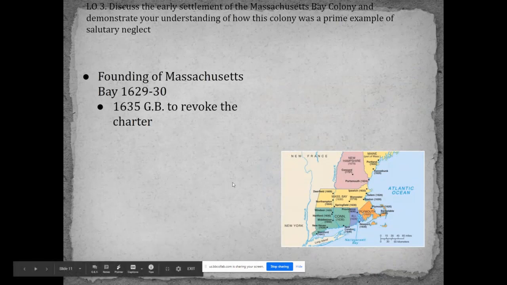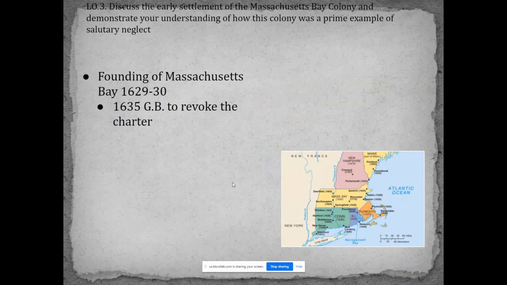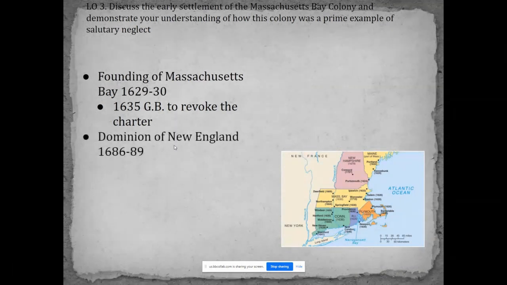It was attempted to be revoked in 1635, but that's going to fail. And then from 1635 all the way up to 1686, basically, Massachusetts, as salutary neglect basically attempts to explain, is governing itself, right, with very little input coming from Great Britain, right?